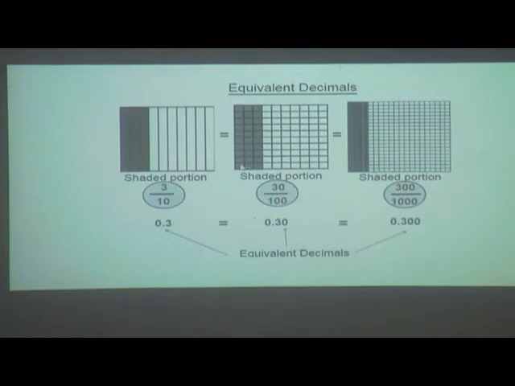Here there are 1, 2 and 3 lines, but in one line there are 10 squares, so we multiply: 10, 20 and 30. So the total is 10 in a line, how many lines? 3. 3 multiplied by 10 is 30. So here we can say 30 parts are shaded of the given sheet which is divided into 100 equal parts.